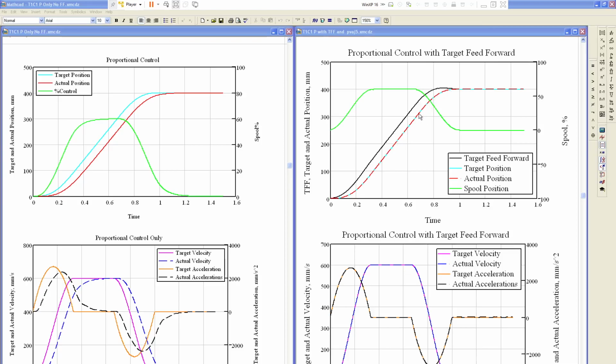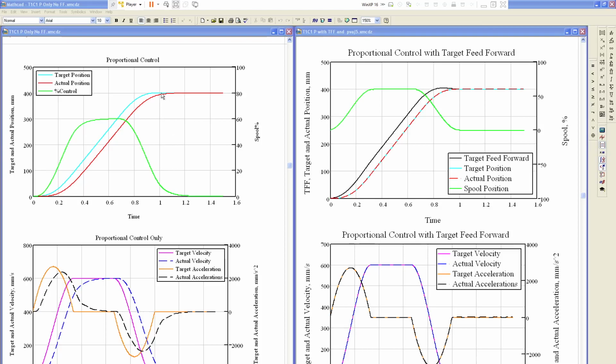And then we can look down below here, we can see the target and actual velocity. And basically what I did here is I just copied from one to the other and changed the title. So you can see that there's a lot of phase lag in the velocity, and there's a lot of phase lag in the acceleration. And to generate this motion profile, I told the simulator to move from 0 to 400 millimeters, and to do it in 1 second.